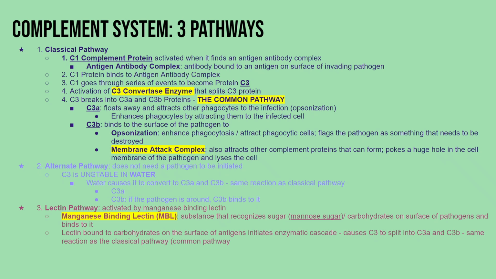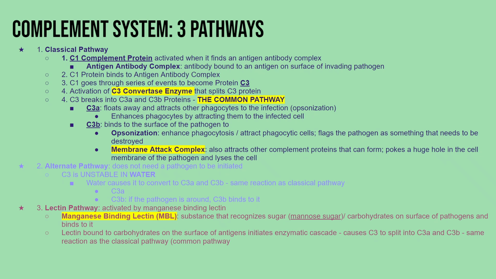And then the lectin pathway is activated by a sugar, specifically a mannose on the surface of a pathogen. And then it initiates an enzymatic cascade that again causes C3 to split into C3a and C3b, and then form the membrane attack complex.